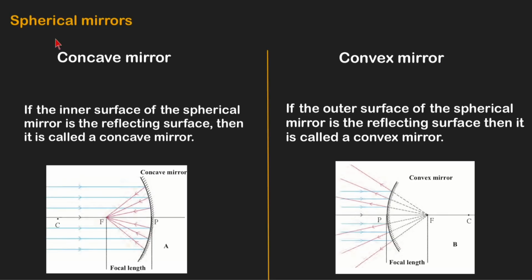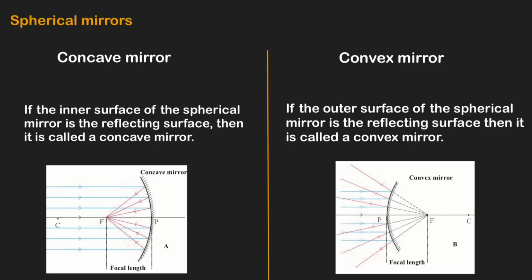Our next point is the spherical mirror. In spherical mirrors, the first type is the concave mirror. If the inner surface of the spherical mirror is the reflecting surface, then it is called a concave mirror.